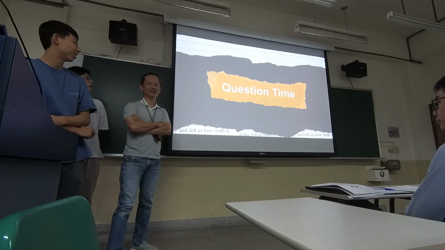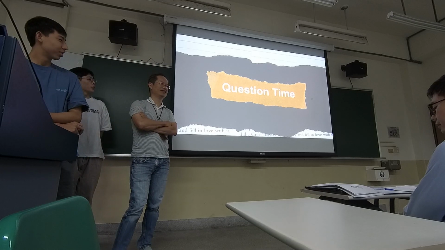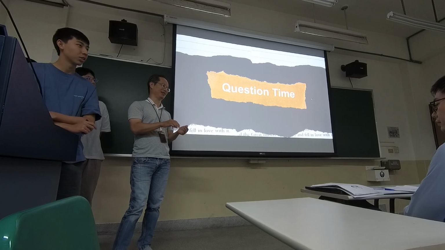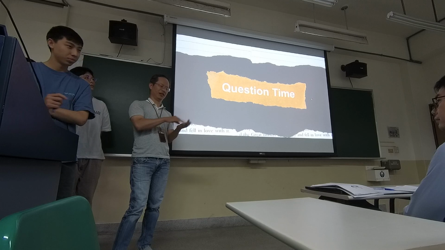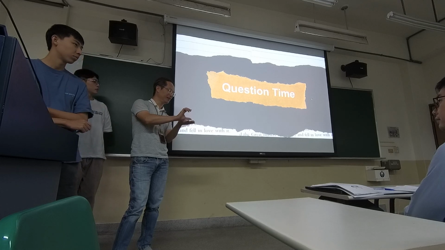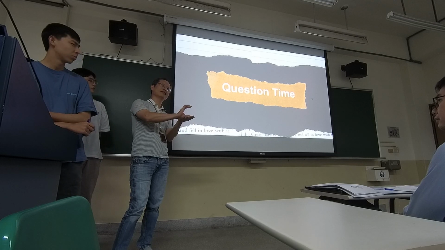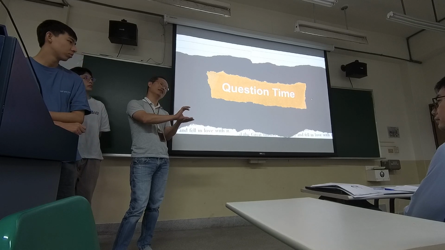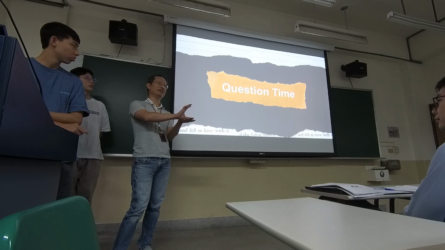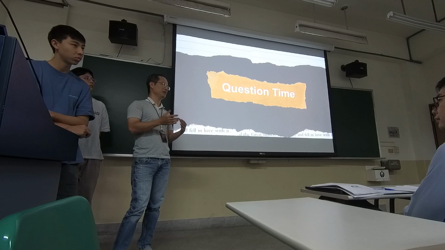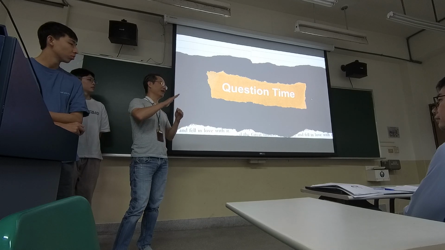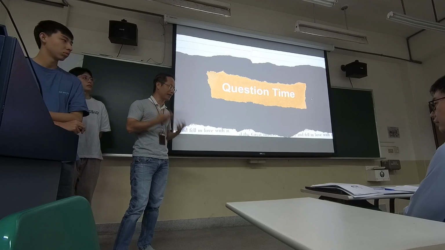Actually, we define a spec that our robotic dog can cross an obstacle with height bound 10 millimeters or 20 millimeters. We have no ambition to apply a higher step.